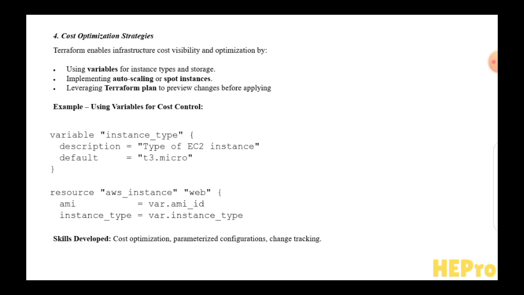You will also use terraform plan to preview infrastructure changes before applying them, ensuring no unintended costs are incurred. Through this, you will gain skills in parameterized configurations, cost-efficient resource management, and tracking changes, making your cloud deployments both flexible and budget conscious. Let us move to the next slide.